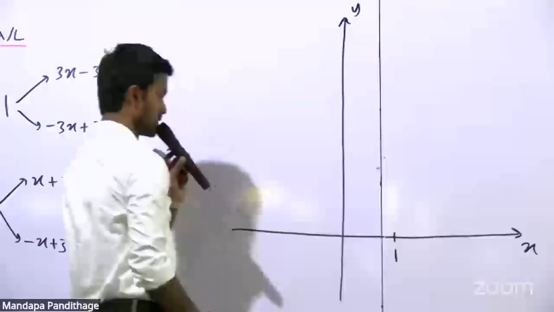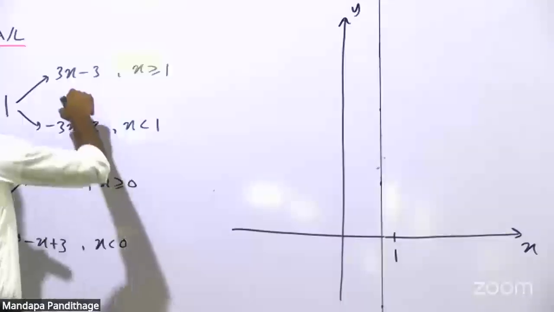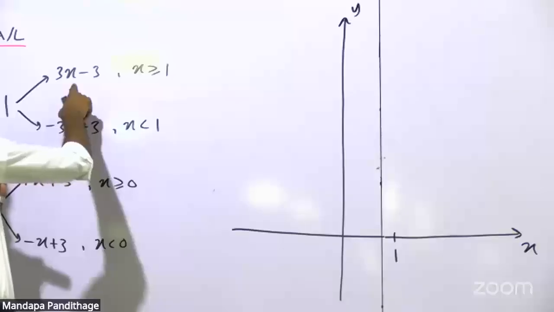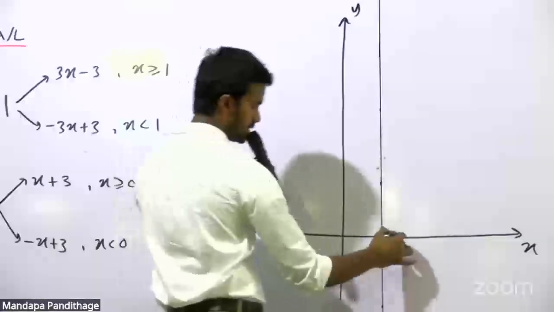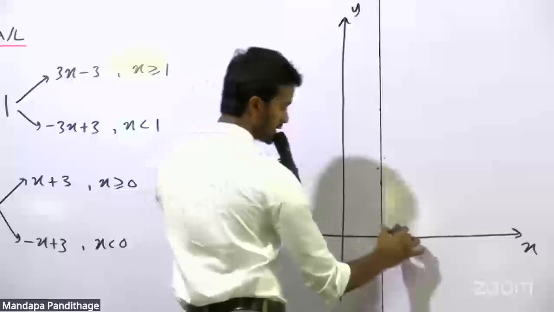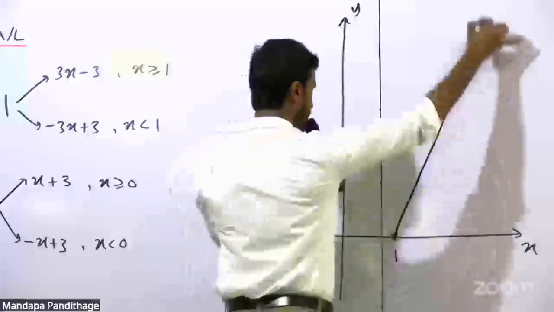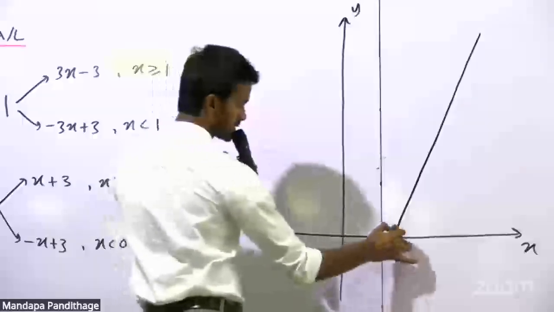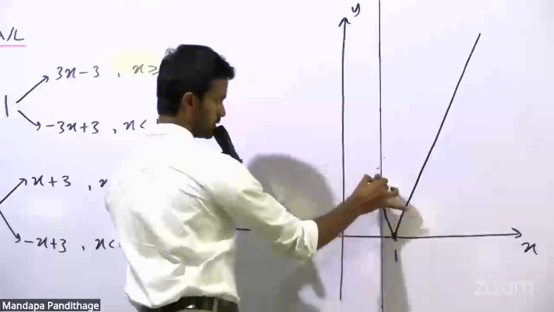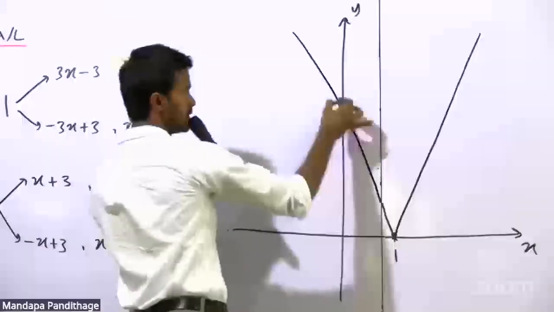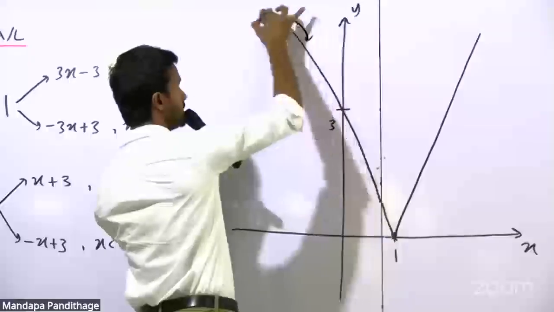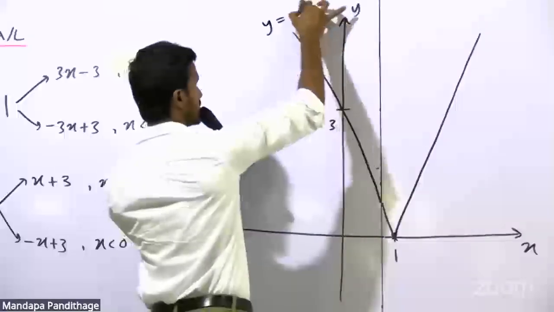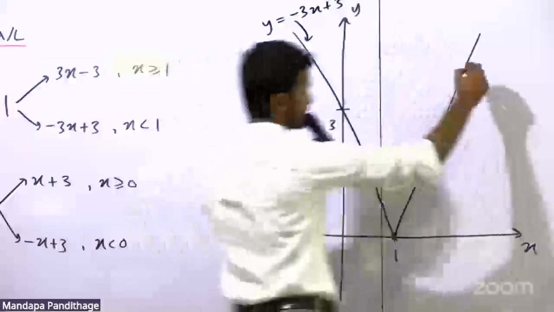Always consider the turning point. When you put x equals 1, it's 0. So it goes through this point, and 3x minus 3 goes in this way and minus 3x plus 3 goes in this way with an intercept of 3. So I told you to use the small details that the intercept is 3. It will be important in the next graph.